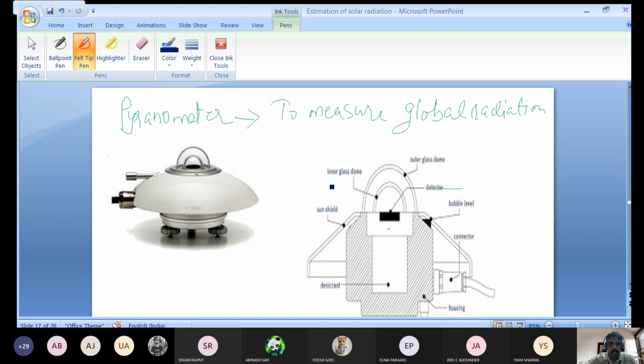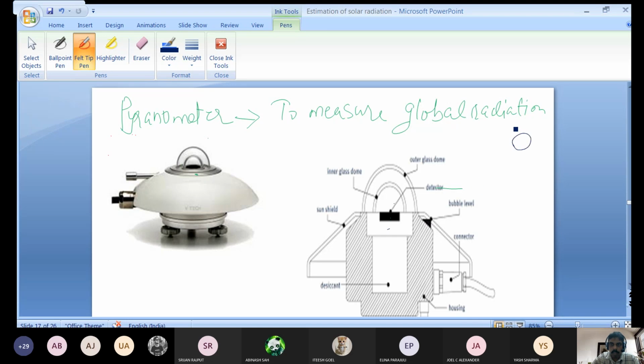Pyranometer: what is the working principle? Anybody? This will be having a sensor. This black item is a sensor. In a pyranometer, it is exposed to the ambient, in the sense solar radiation.